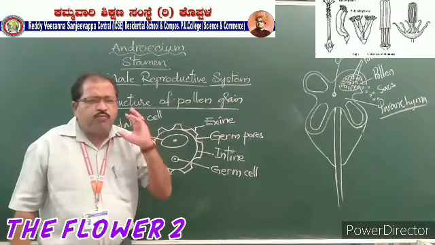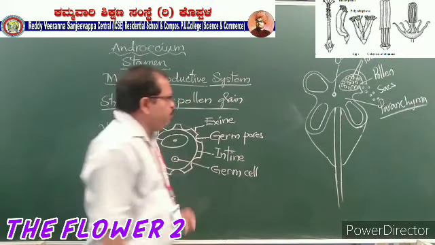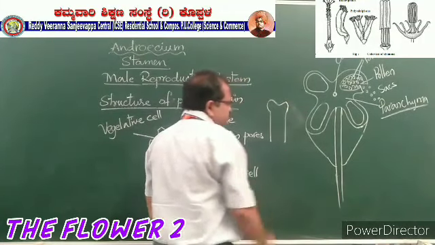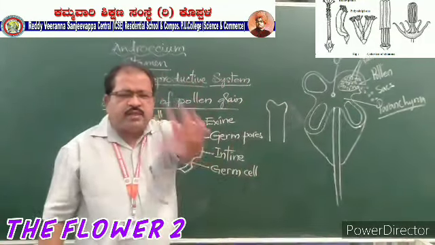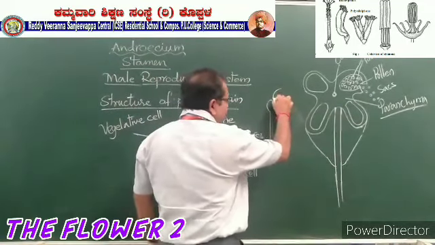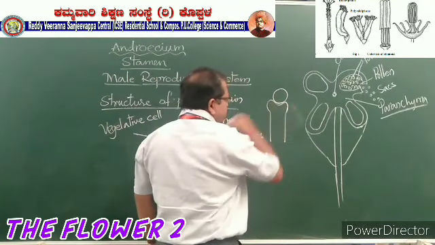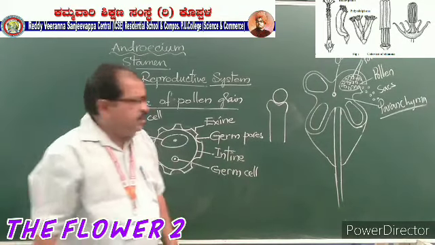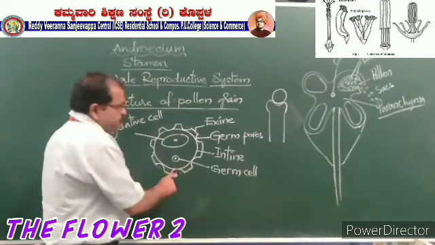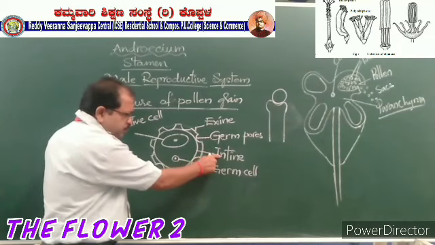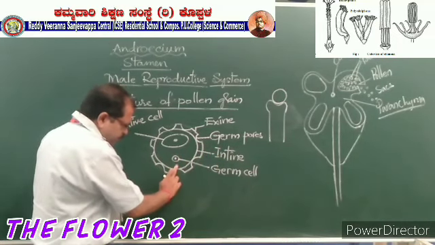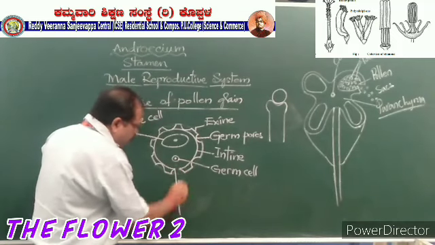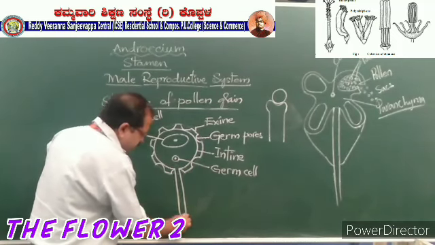At the time of pollination, the pollen grain travels from one flower to another and settles on the stigma of the flower. Where the germ pore is present, the intine develops into a long tube-like structure.